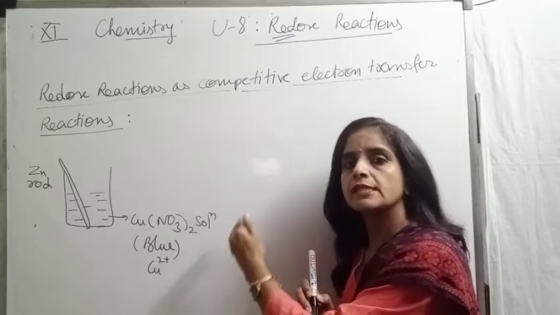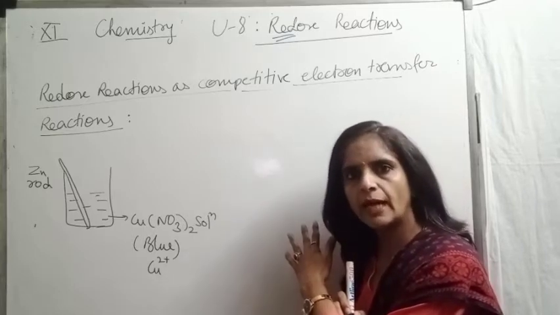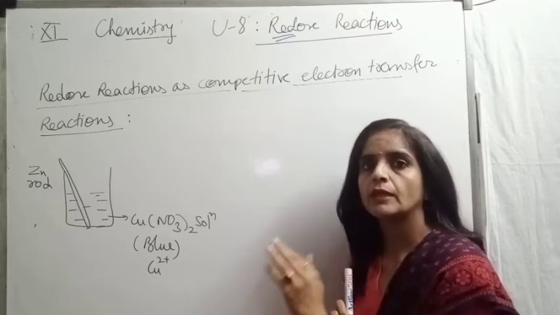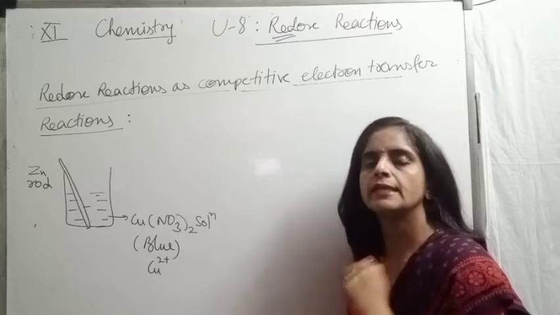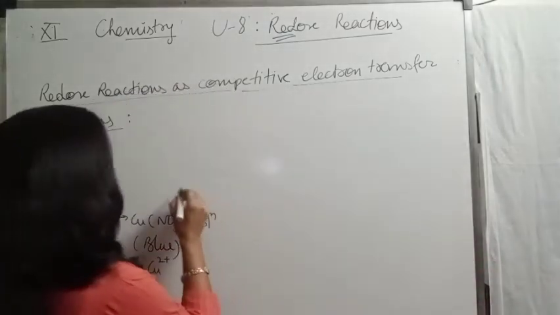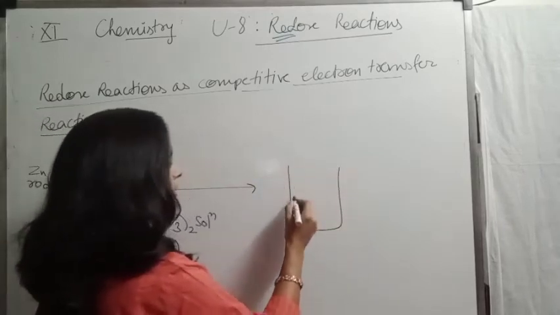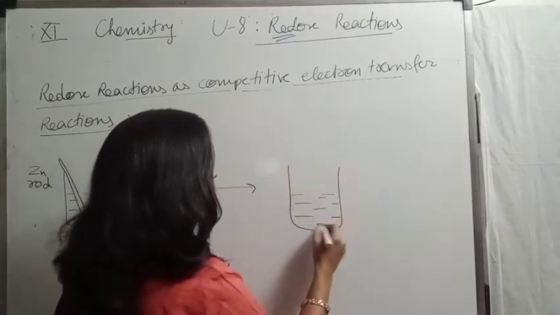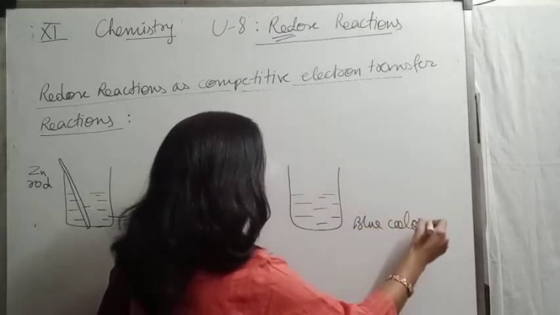And slowly the blue color, finally what happens? It disappears. Finally, you will find the blue color will disappear. And one more change you will observe at the final stage.